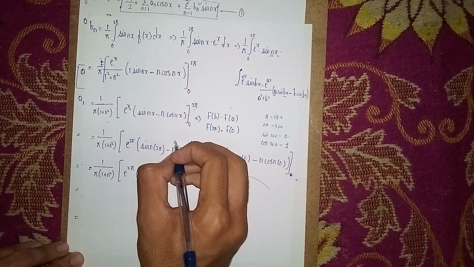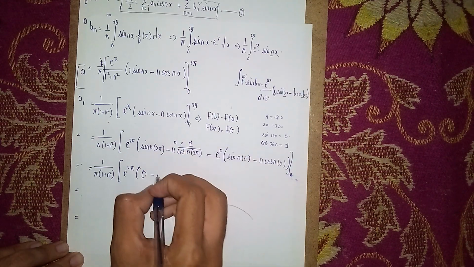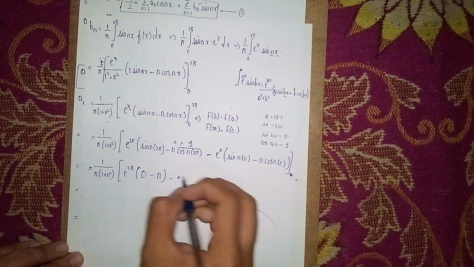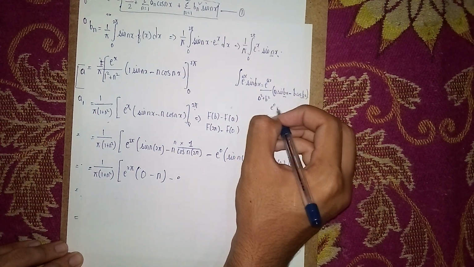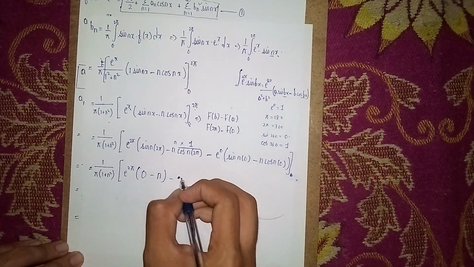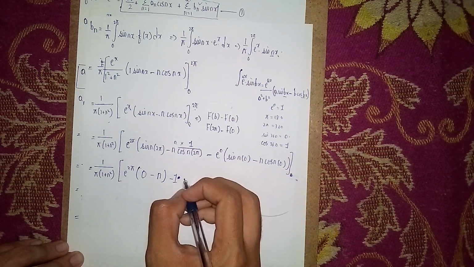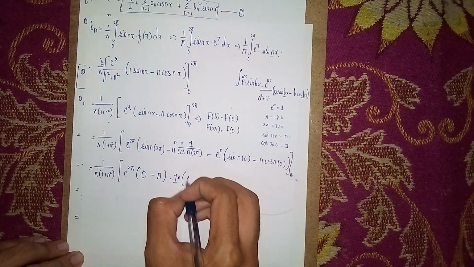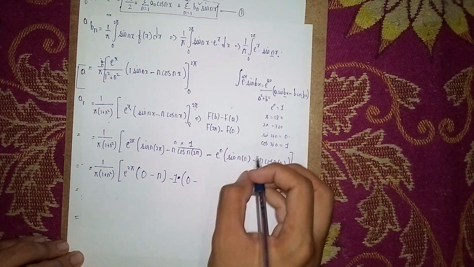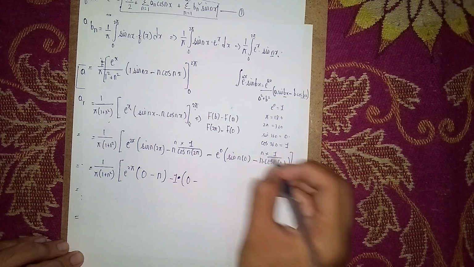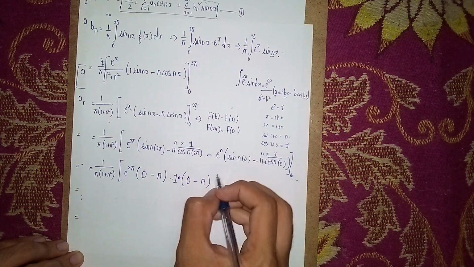Now here n is there, so n into 1 will become n. Then 0 minus n, minus e power 0 value; e power 0 is always 1. Outside we have a minus 1, and sine 0 value is 0, then minus cos 0 value is 1. Here all the same, this is 1, and multiplying by n it becomes n, then close the bracket.